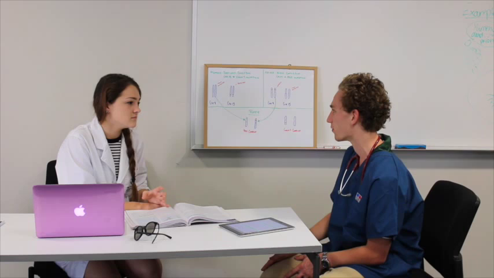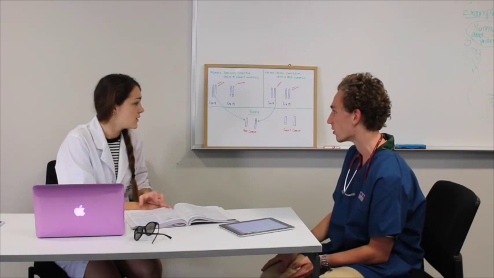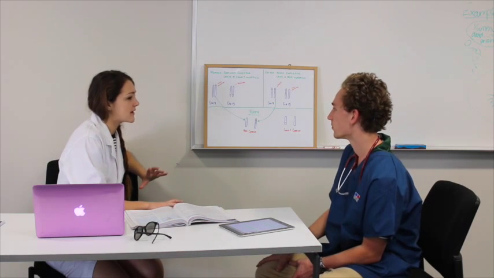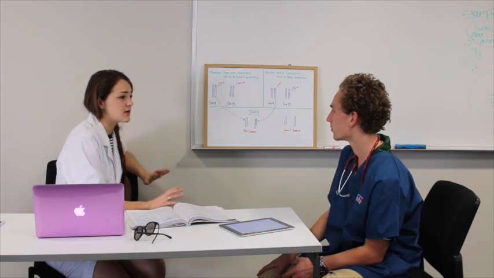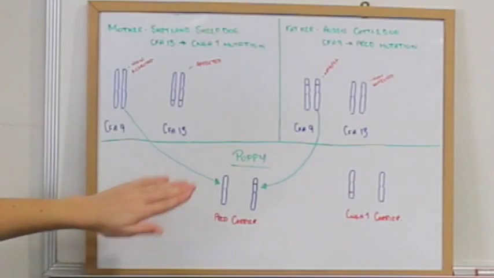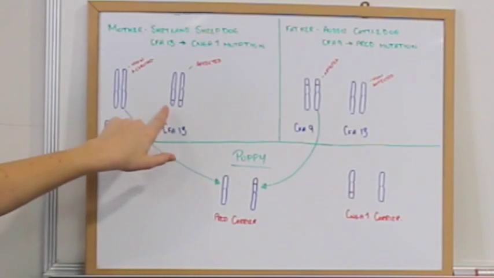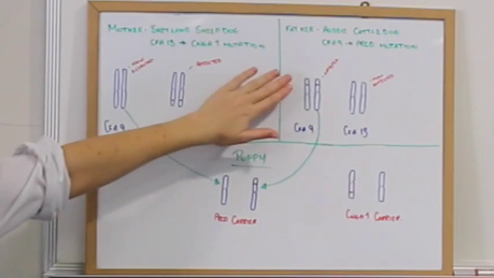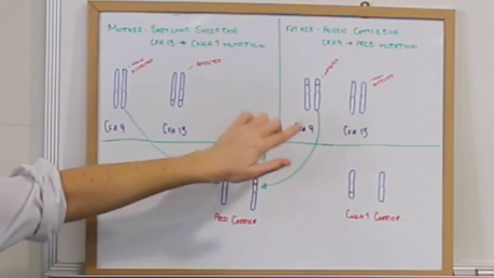Right, alright. So is there a way we can work out which of the puppies have the condition or whether or not they get them? Well, hypothetically, we're going to assume that the father is affected as well. So worst case scenario. We've got our affected mother with 2 mutations on chromosome 13, and our affected father with 2 mutations on chromosome 9.